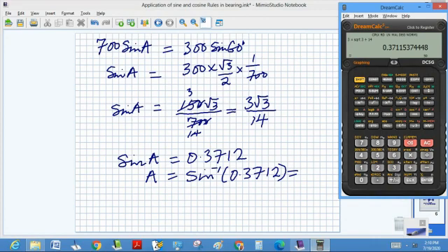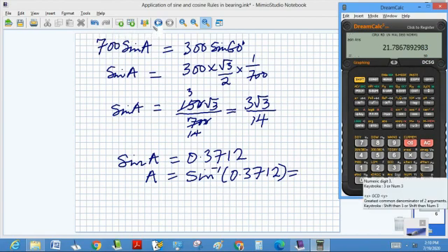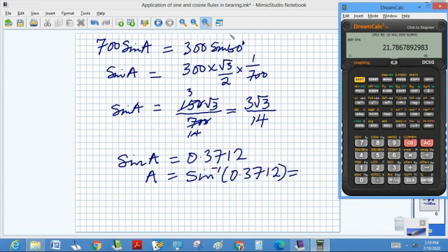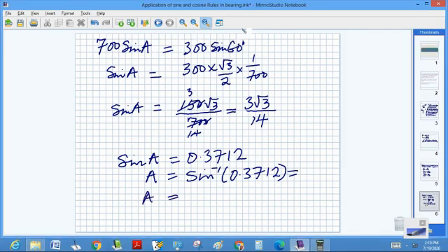Again, using calculator, second function sine, second function answer equal to, we have 21.8. A is equal to 21.8 degrees.